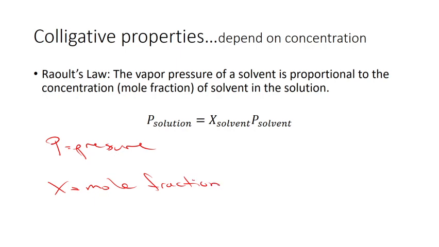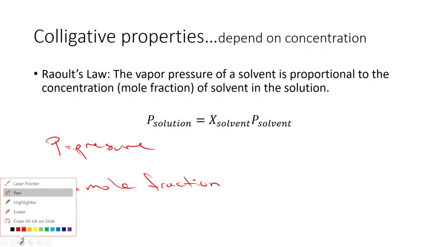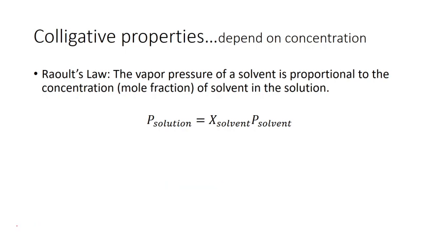If you remember, we talked about mole fraction previously, and hopefully you know what pressure is. We'll discuss pressure much more when we talk about gas laws in the not too distant future. But that's a pretty easy one. You just multiply the mole fraction by the pressure of the pure solvent, and you get the pressure of your solution.